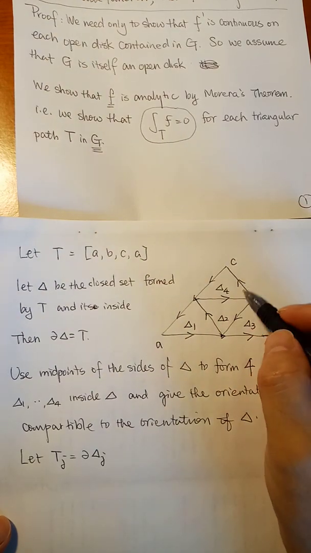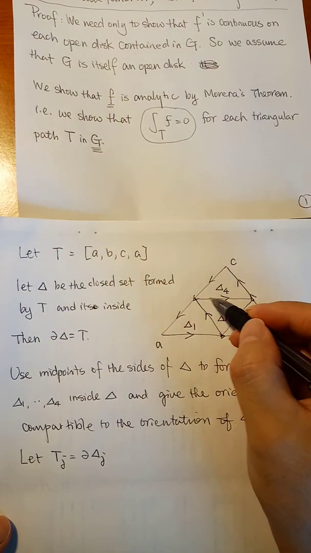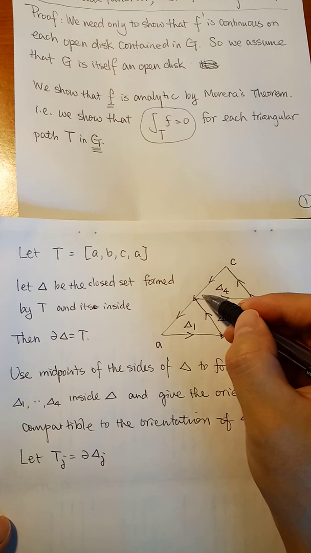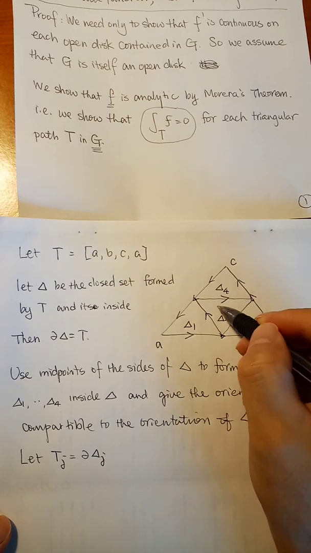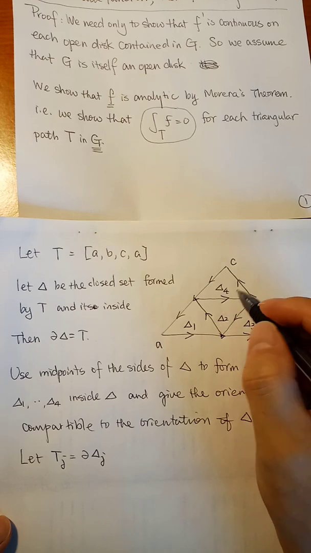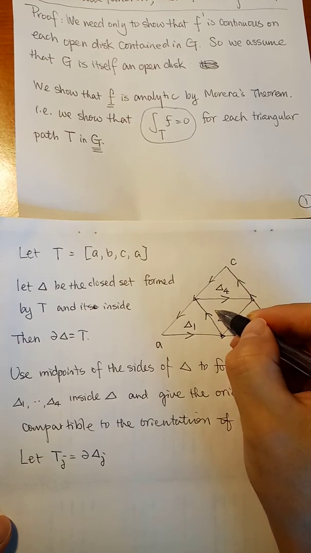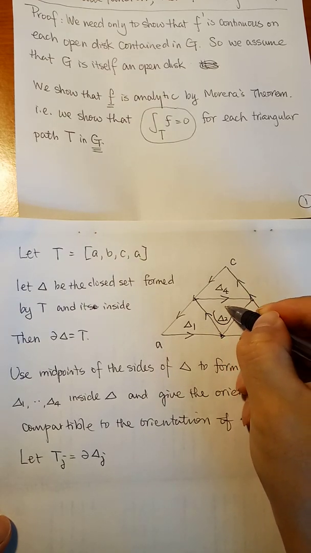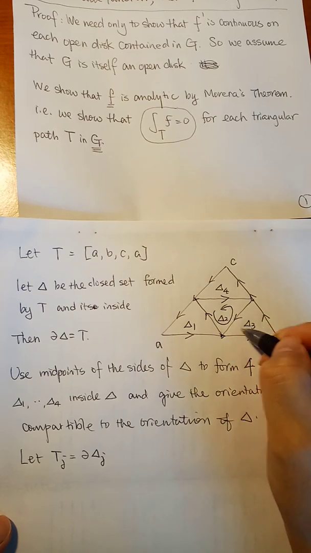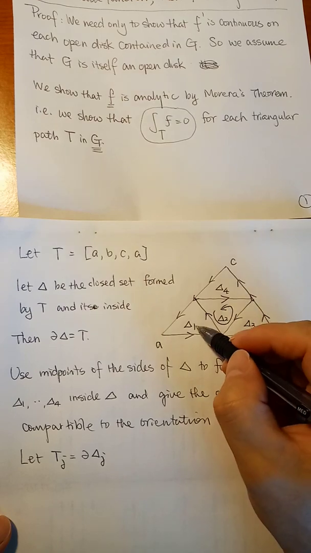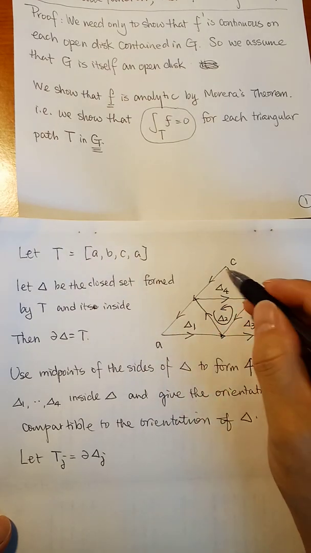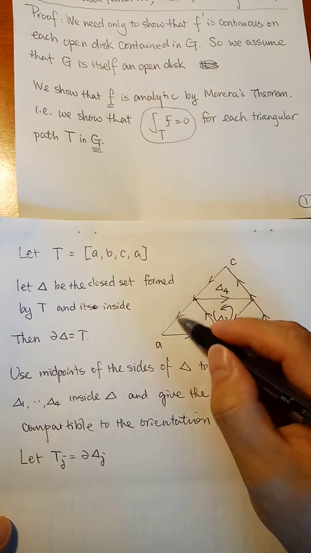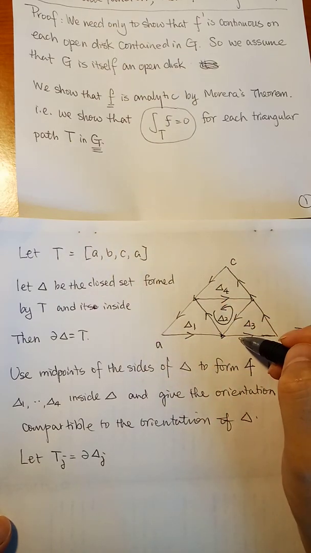And check here, when we talk about this triangle, the orientation of this side is this way. But when we talk about delta 2, the orientation is the opposite. Be careful. The orientations I draw here are the orientations of delta 1, delta 3, and delta 4. They must be compatible with the original orientation.